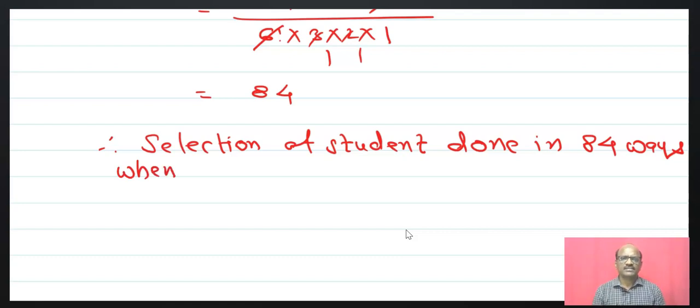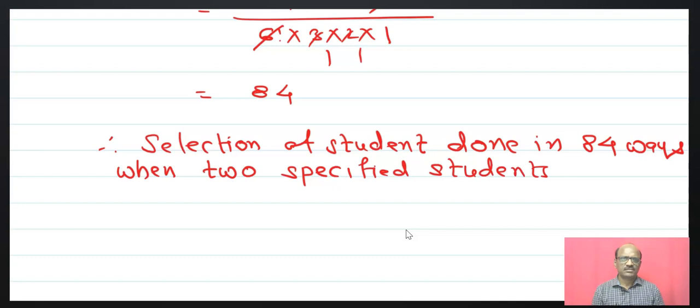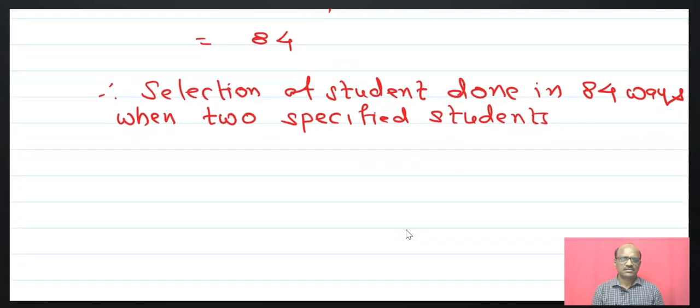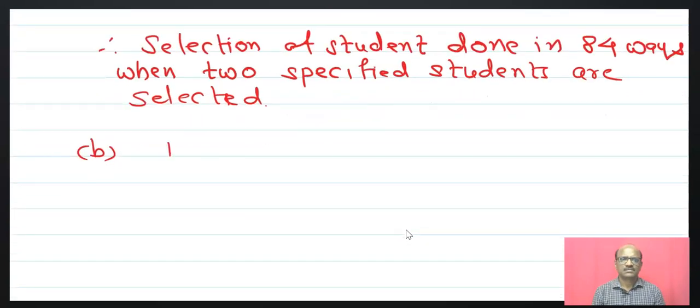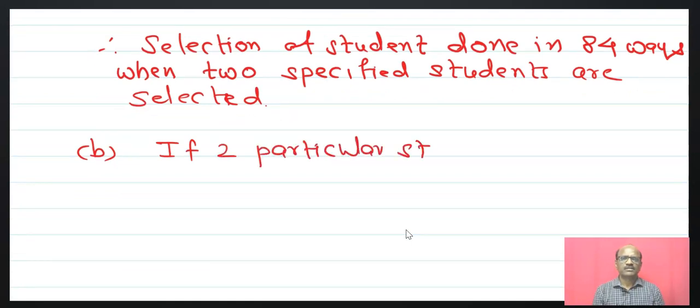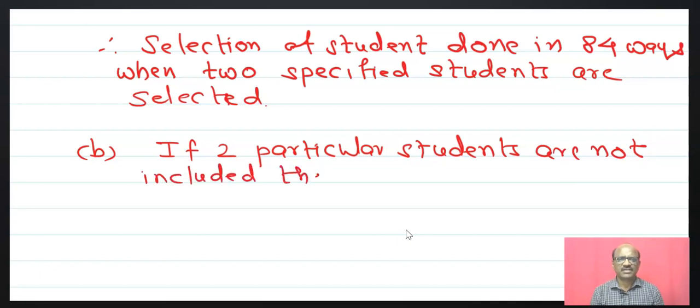Now the next, when two specified particular students are not included, then it's again very simple.